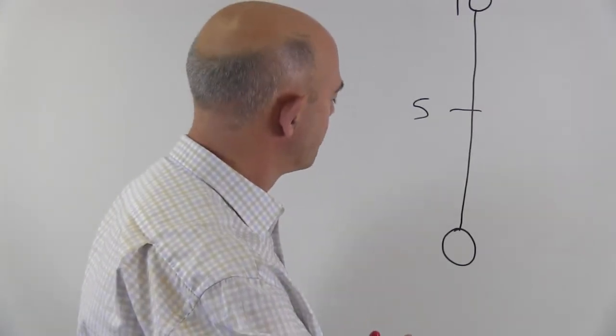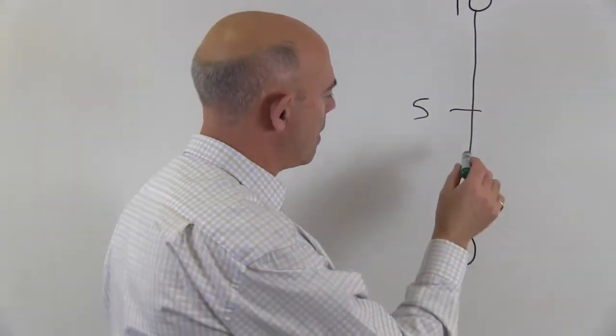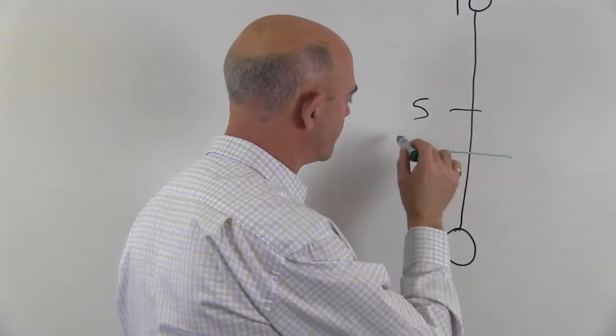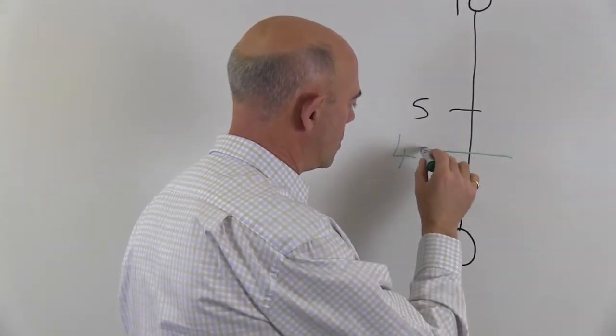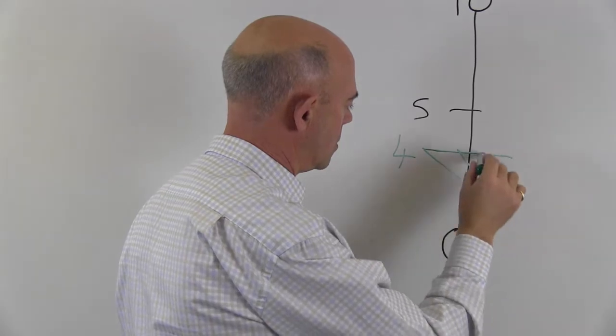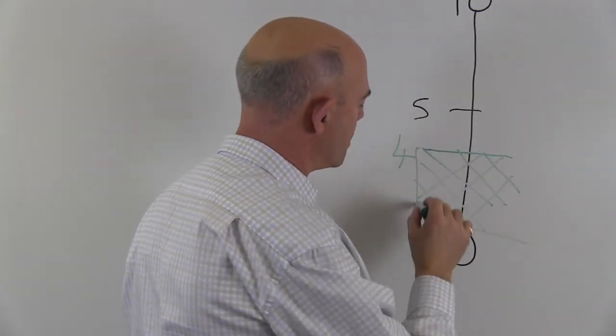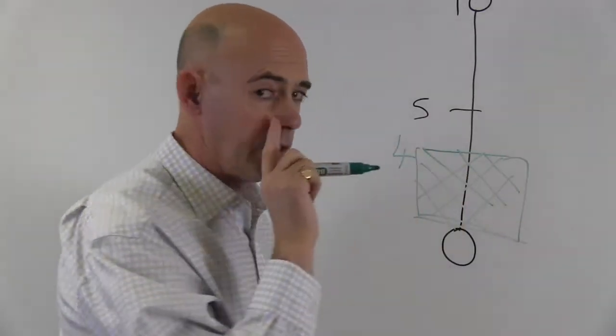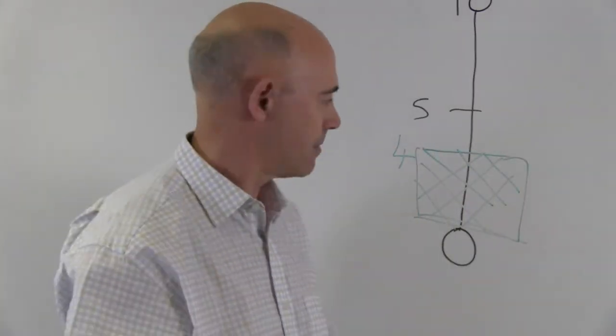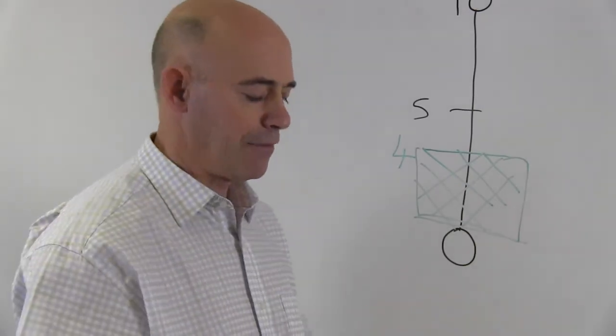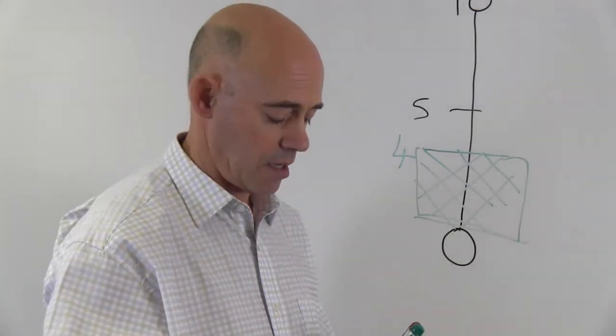So I'm going to suggest that for me, something up to about 4 would be the normal range. So if it's in the green, if it's up to 4, I'm just fine. I'm happy with that.